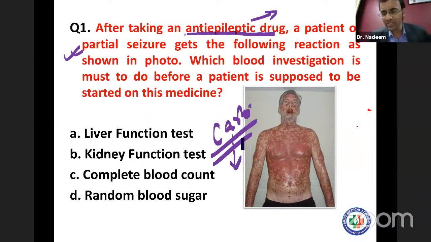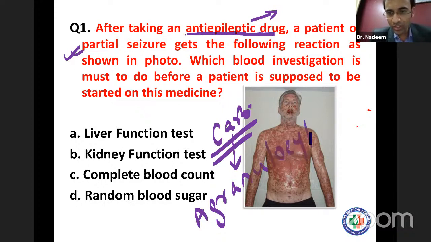And the grave side effect of carbamazepine is what? Agranulocytosis. Agranulocytosis means after using this drug there will be destruction of white blood cells, neutrophils, and all.